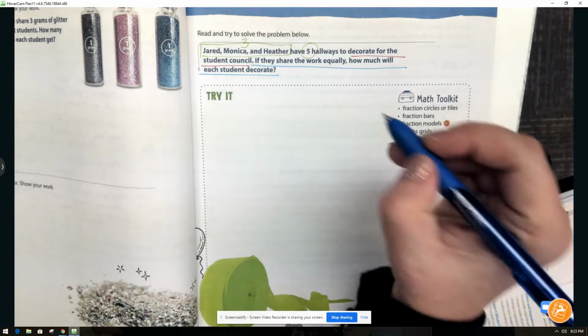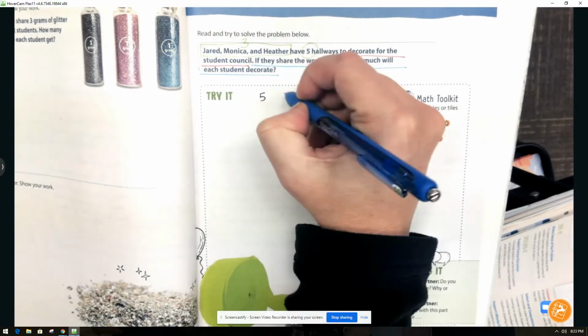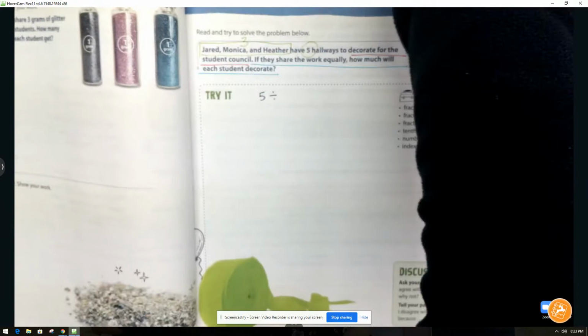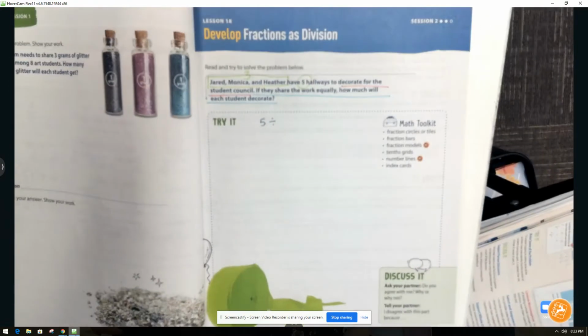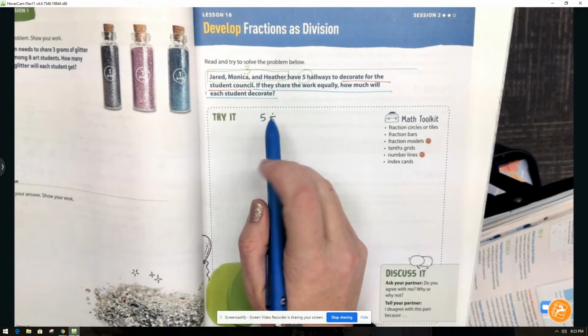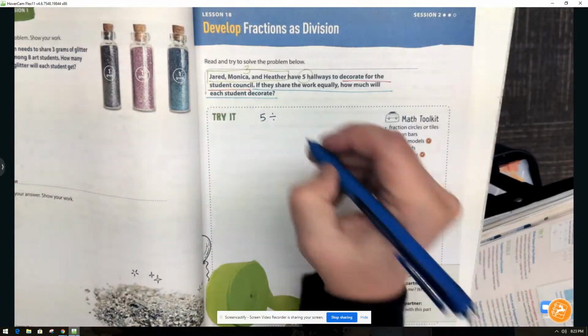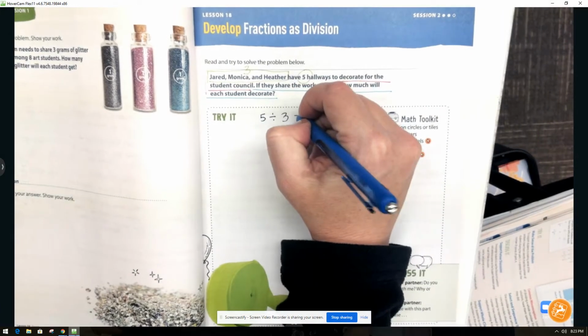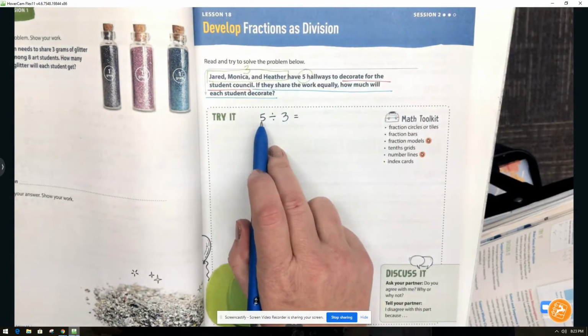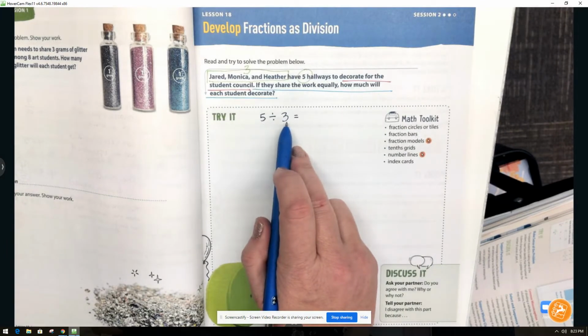What we're dividing up is 5 hallways. We have 5 hallways that we're trying to divide up between 3 people to decorate them. So we want to know what 5 hallways divided by 3 people is.